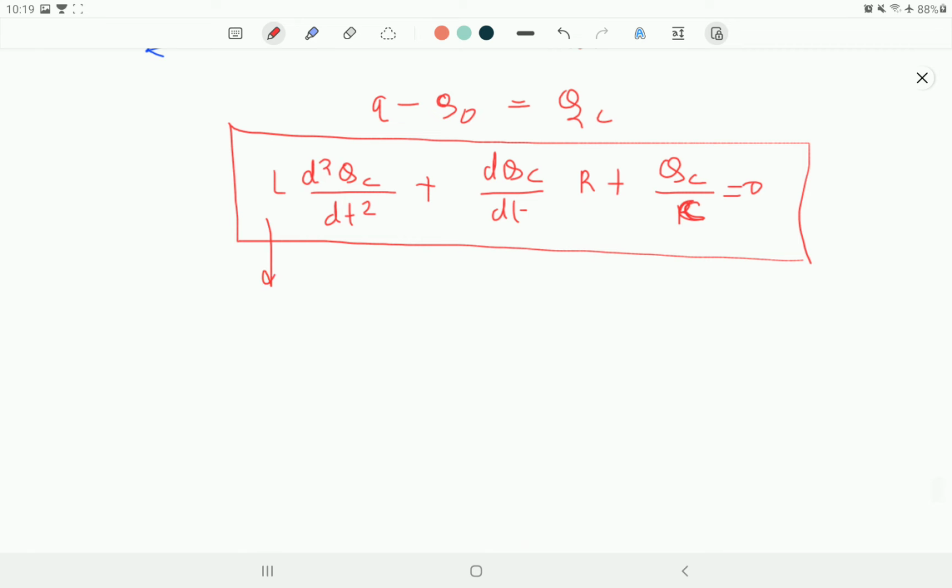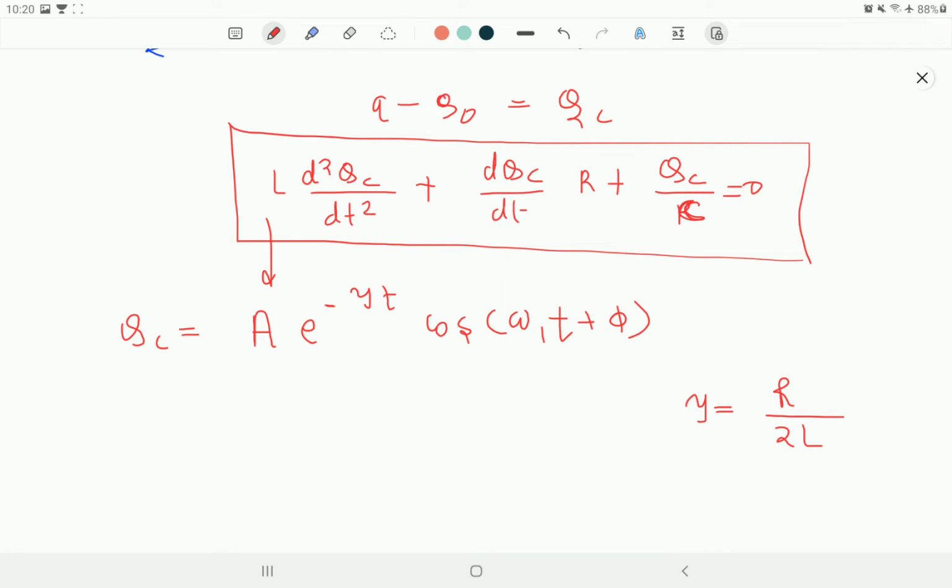Here qc would be a decaying exponential function. qc can be written as the maximum amount of charge, A to the power minus gamma t, times cos(omega 1 t plus phi). Now gamma for this circuit could be written as c by 2m, which here is R by 2L.